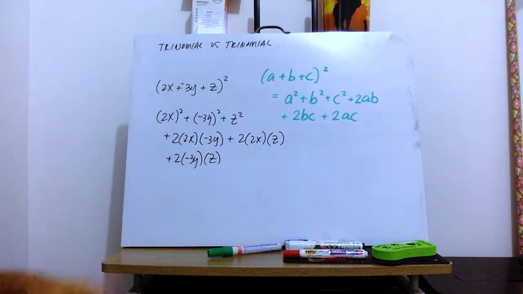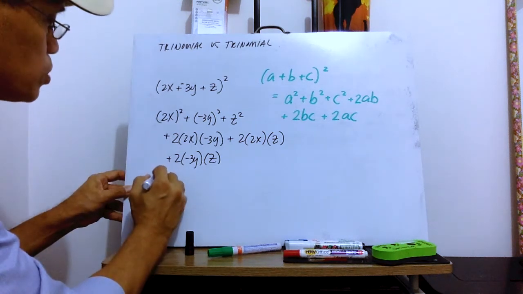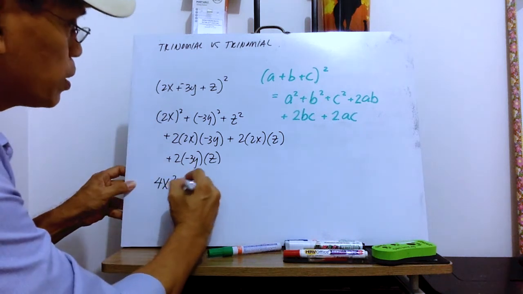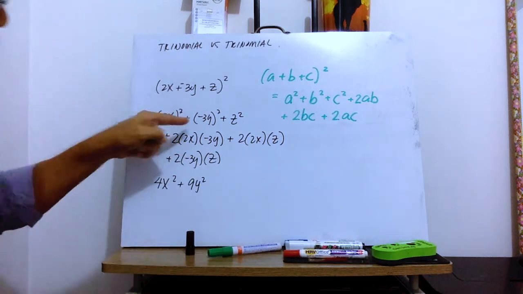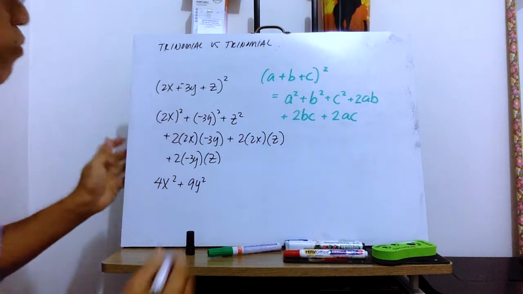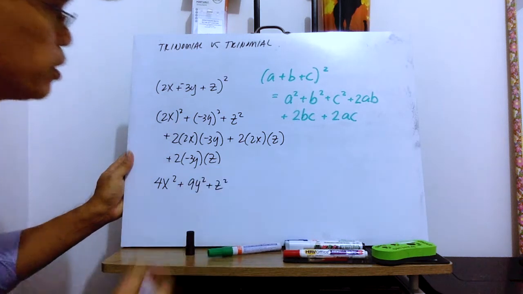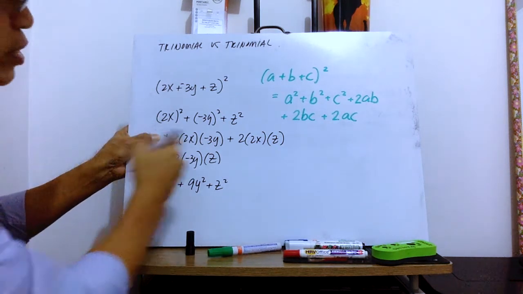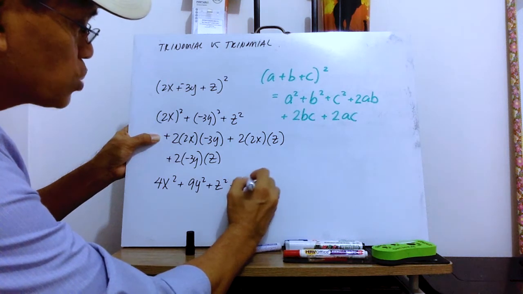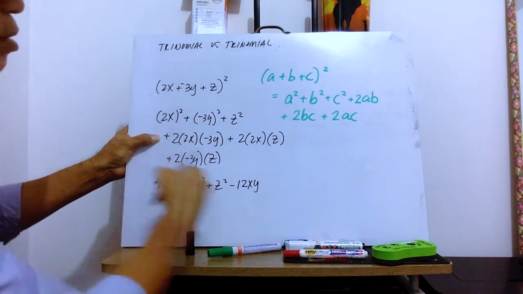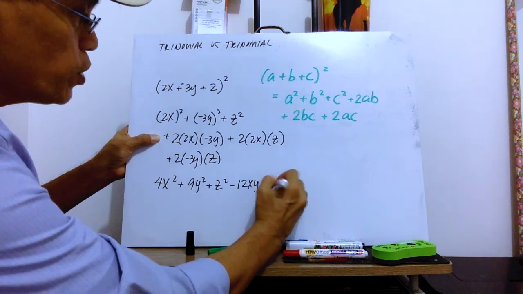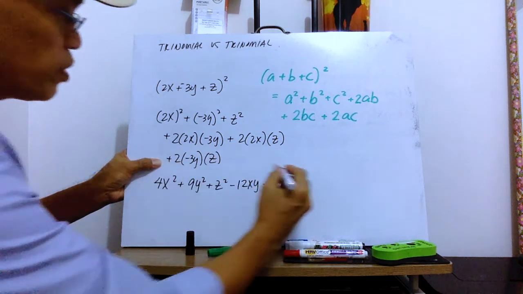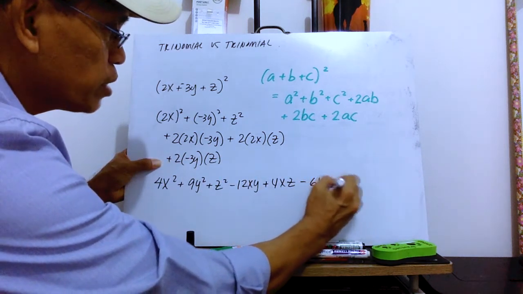And then simplify. All right, so this becomes 4x squared, yep, plus 9y squared, yep, negative 3 squared, that's positive 9, plus z squared, okay, so 2 times 2, that's 4, times negative 3, negative 12, so minus 12xy, there, and then 2 times 2, 4xz, and then this one, positive 2 times negative 3, that's negative 6yz.